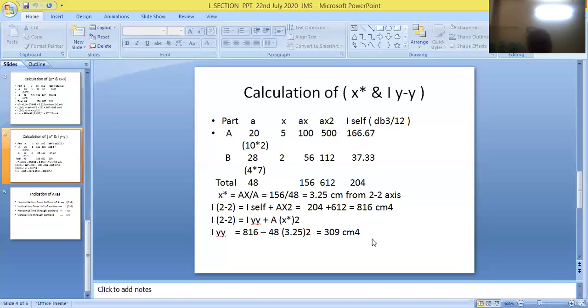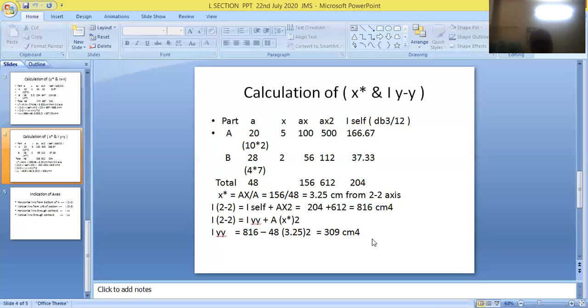So we have to make all these calculations. It is neither symmetrical about x-axis nor symmetrical about y-axis. So we have prepared two tables, one table for measuring Y bar and IXX, another table for measuring X bar and IYY. So friends, this is the way of doing calculations.